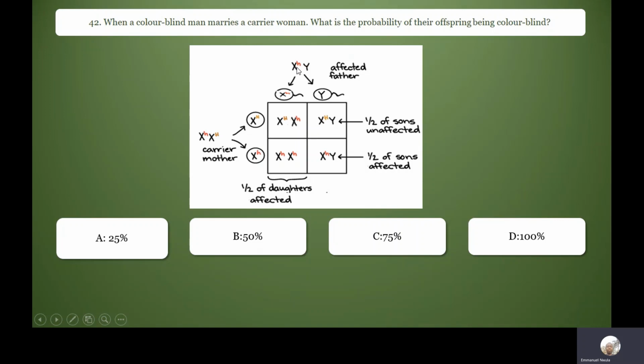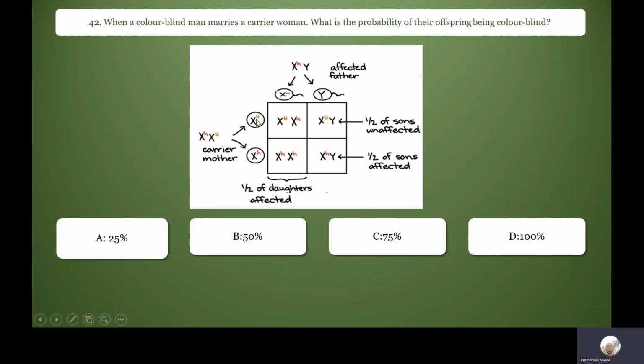So I use XY with the small letter. It is the recessive gene that codes for the disease. Color blindness is the recessive gene. So I use a small h to represent the allele for color blindness.